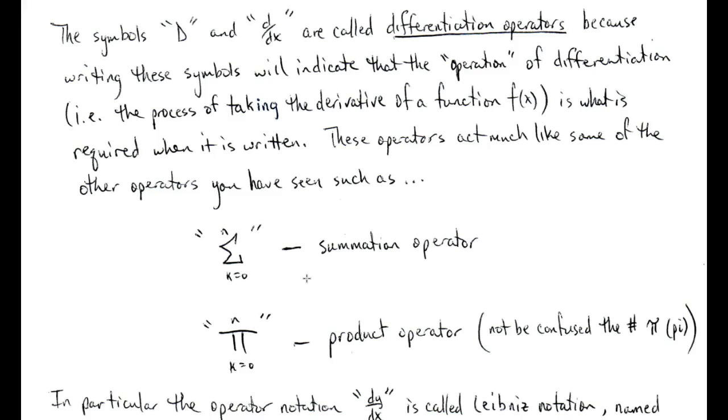Okay, so for instance, the summation operator, you're saying that whatever expression that you have after you write the summation operator, you want to be able to add that by doing iterations of, in this instance, k. So k acts like your variable, and you have this particular expression, and you want to plug in 0 for k the first time, then 1 for k the second time, and then 2 for k the third time. And all this stuff is implied when you say that.